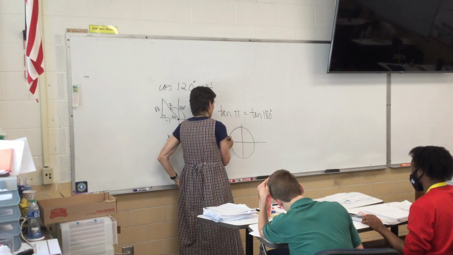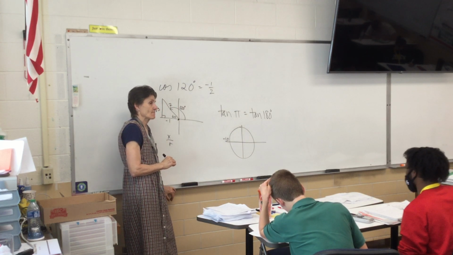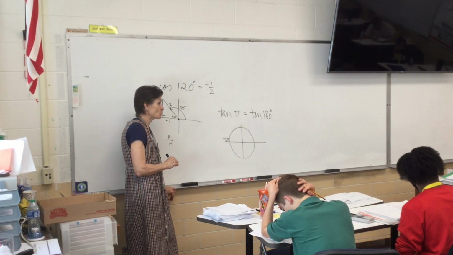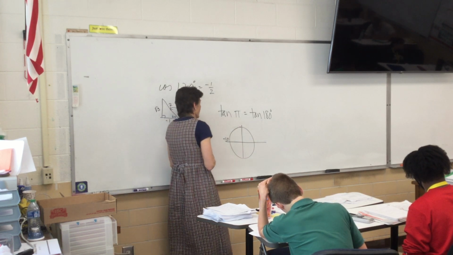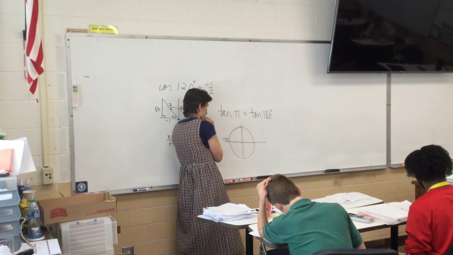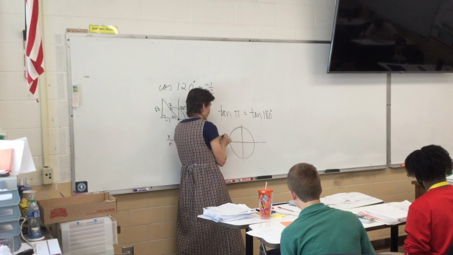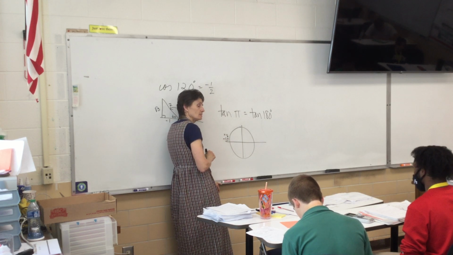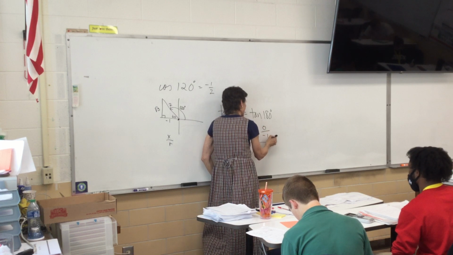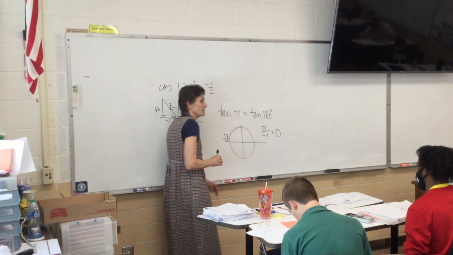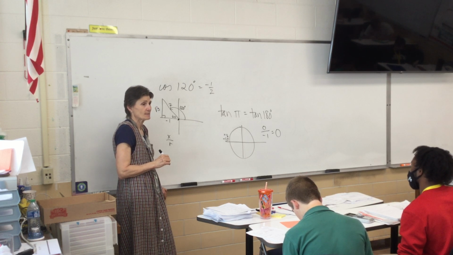So this is the point -1, 0. If the radius is 1, we always make our radius 1. Tangent is y over x. So that would be 0 over -1, which is 0. The tangent of 180 is 0.